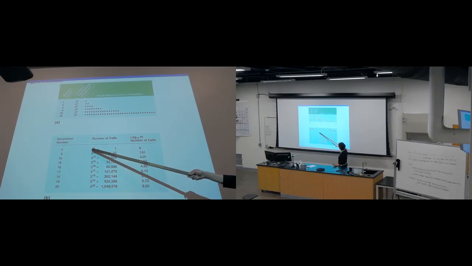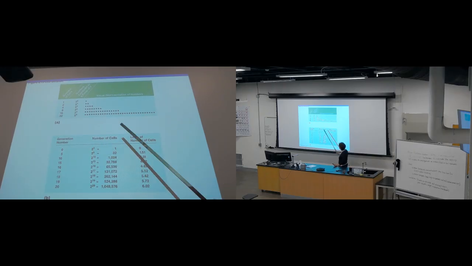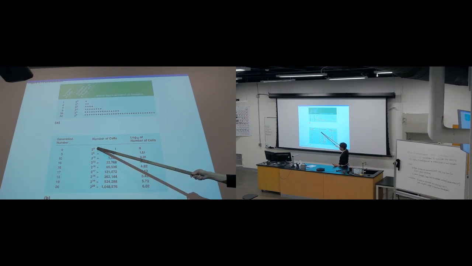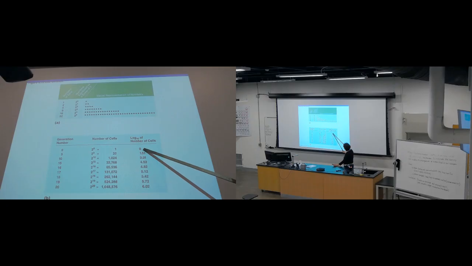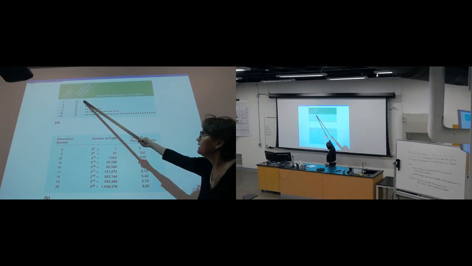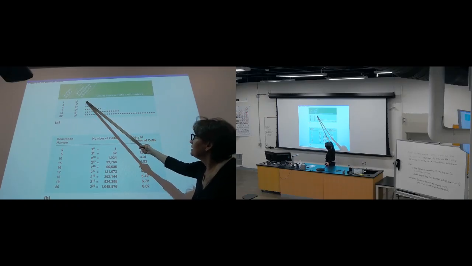So 2 means that eventually it's going to give you 2 cells, and you raise it to the number of generations. 2 to the 0 is 1, so your original cell hasn't given you any logarithm of 10. You have only that original cell, and you can see it here.